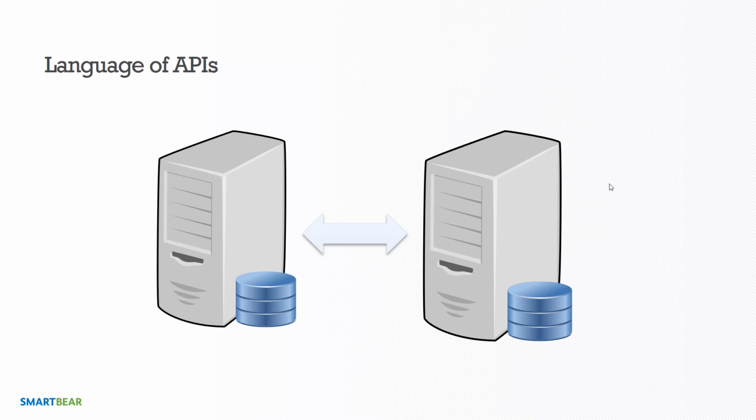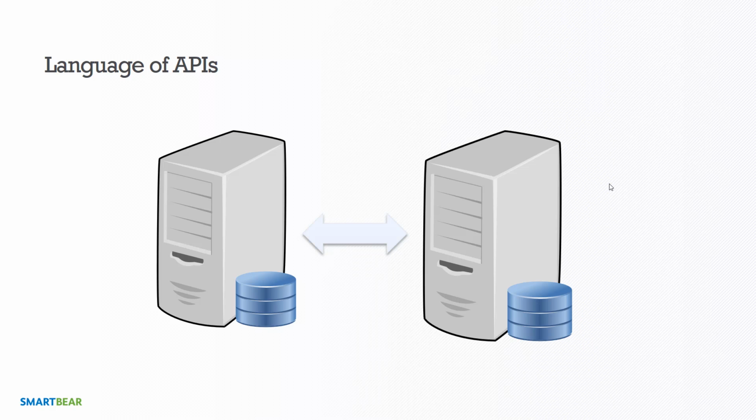But then remember we talked about communication between humans. It was pretty much the same picture but with two different humans, and we talked about the language. The same problem exists with computers as well. If two computers are talking to each other, they need to have a common language to get something done. So when you walked into the store in our first example and you were talking to the cashier, you were speaking a common language, and that's why you were able to buy that light bulb.